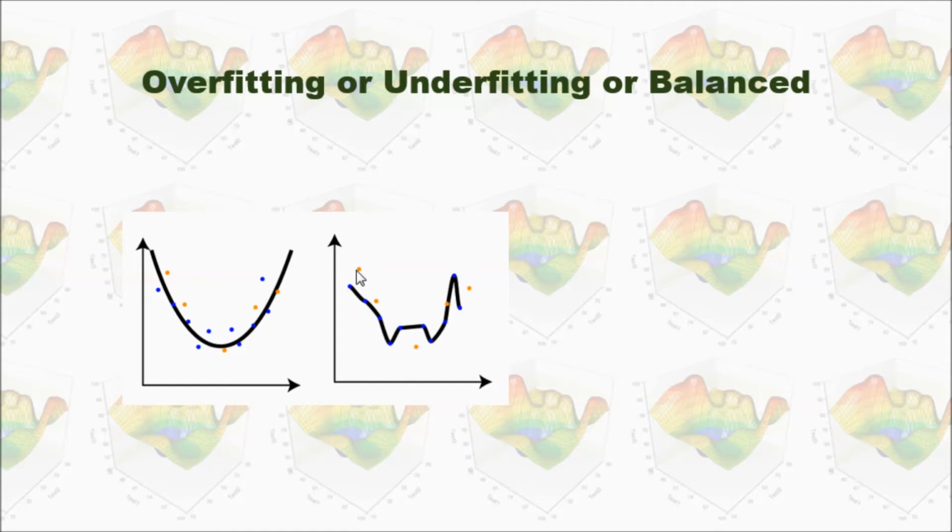But when you measure with the test data in orange, it doesn't fit very well. If we had a very balanced result, you can see it fits the training data, and it also fits the test data quite well.